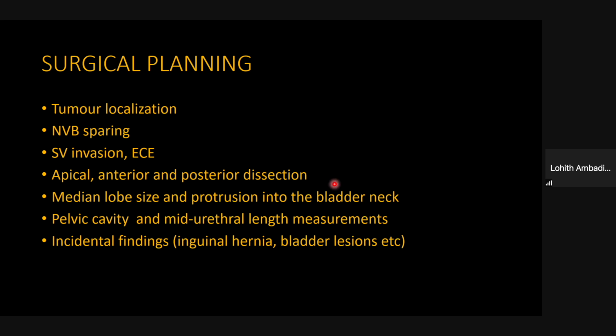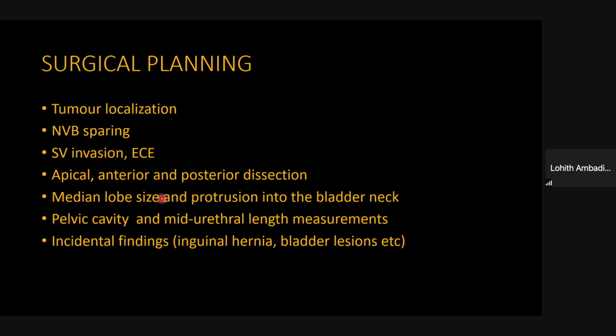Now, all these examples show how MRI can help in surgical planning. We can locate the tumor. We can tell you if there is frank neurovascular bundle involvement, or there is suspicion, or it is clear of the capsule and the neurovascular bundle, seminal vesicle invasion, extracapsular extension.